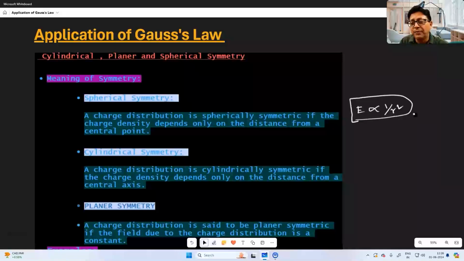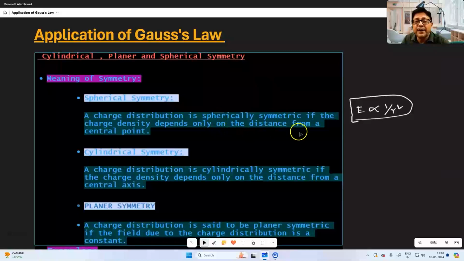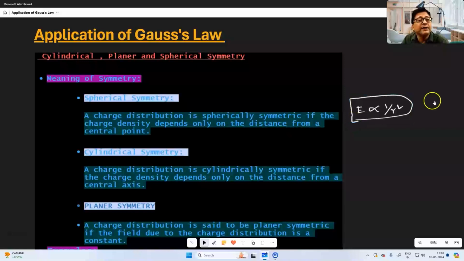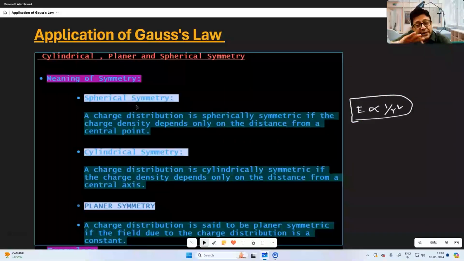E equal to q by 4 pi epsilon 0 r square. Due to spherical charge distribution, also E is proportional to 1 by r square. Here charge density depends only on the distance from the central point, and electric field due to spherical symmetrical charge distribution will be proportional to 1 by r square. Got it? Am I clear?